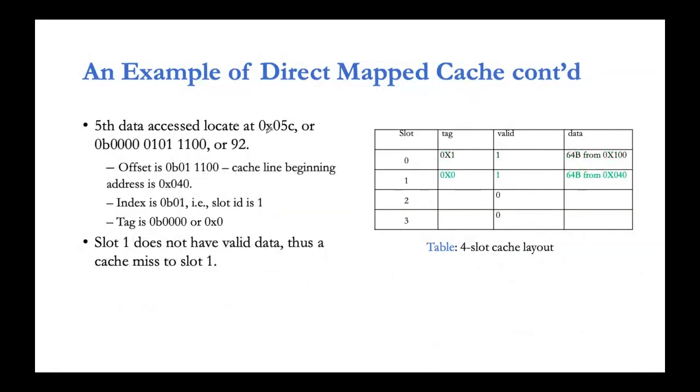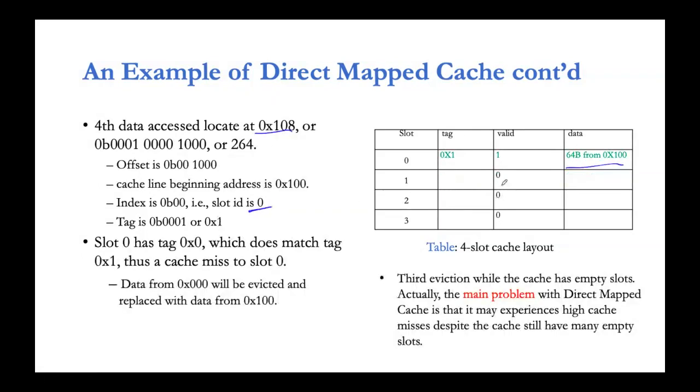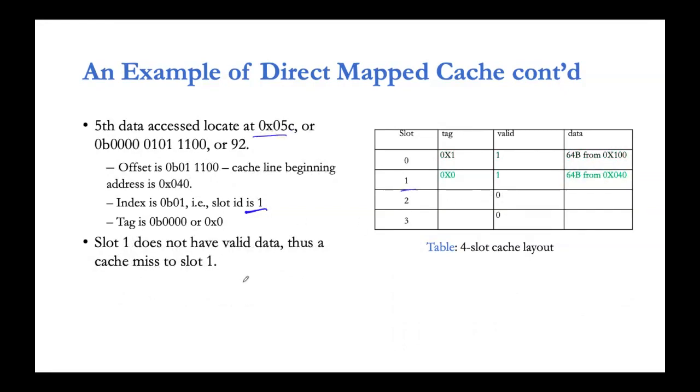So from here you can see, for the next address, 0058 05C, it finds the slot is 1, so a new slot is selected. Previously it was 0, so the data will be fetched from main memory and stored at the location 040. Here slot 1 does not have valid data, thus a cache miss to slot 1.